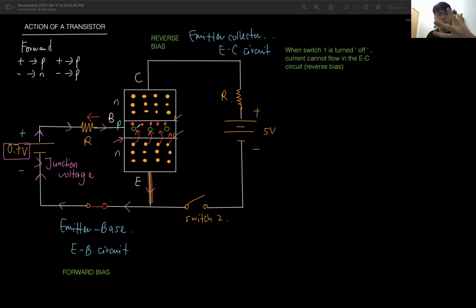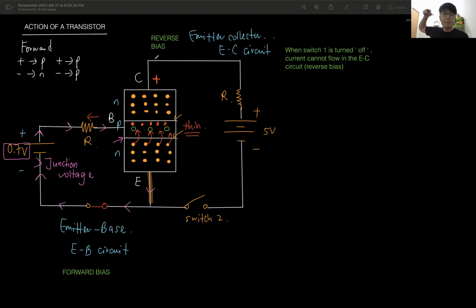Now, there are 2 left. 5 cross, 3 go in. Another 2, where do they go? Another 2 electrons stay in this middle section. Because this middle layer is very, very thin, the positive charge at this end can pull the electron easily.